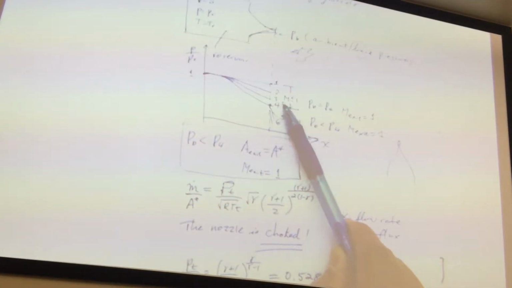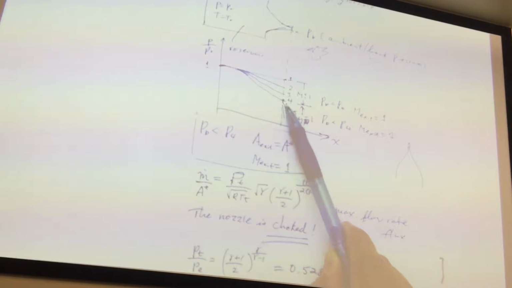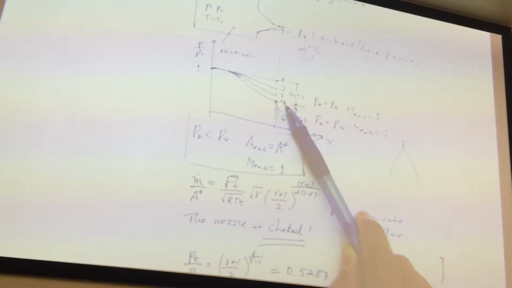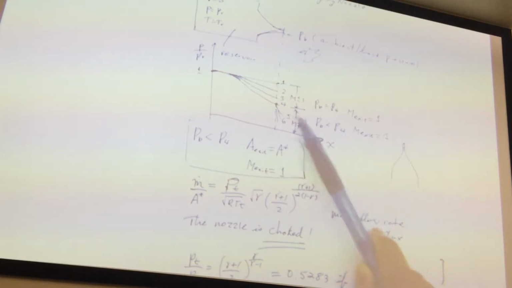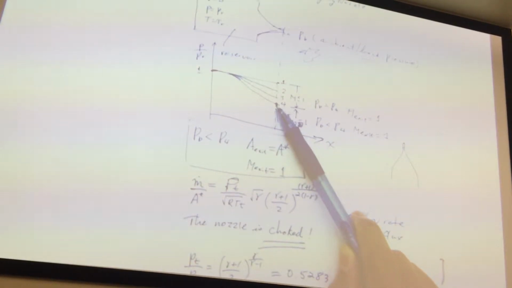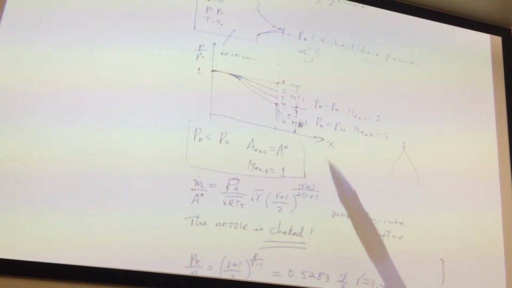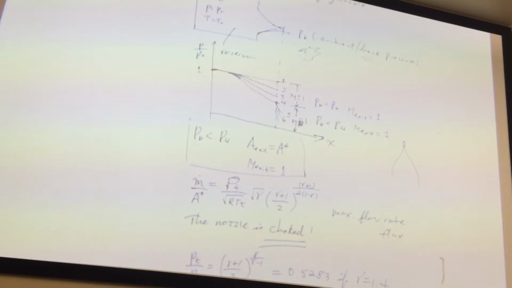And by the time the P over PR reaches point 4, this ratio will be low enough that your Mach number already reaches 1 at the exit. Anything below that, it doesn't change the fact that your exit Mach number is still 1.